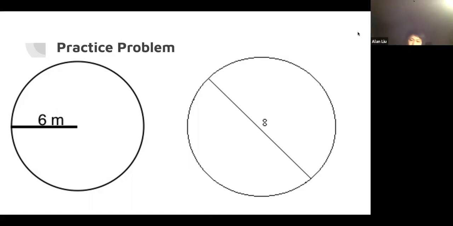Okay, so the radius is half of the diameter, which right here is 8. Diameter is just from one point of the circle to the opposite end. And so the radius is half of 8, which is 4. And then you use the formula pi r squared, in which r is 4. So you do pi times 4 squared, which is just 16 pi.